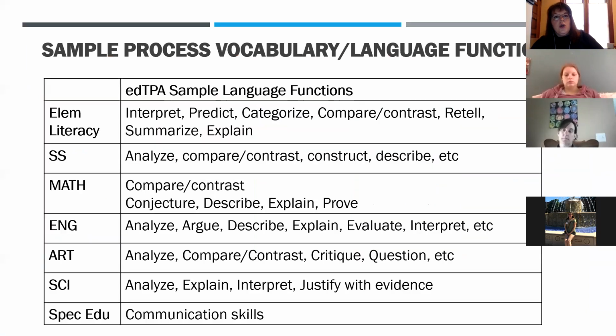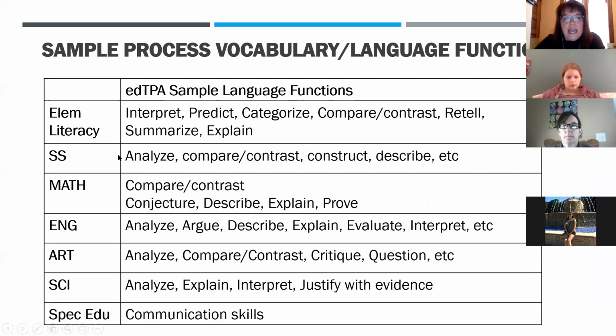Okay, so I'm just going to show you this because I think it helps with thinking about language function, right? These are examples of edTPA language functions by subject. So this is the process vocabulary.